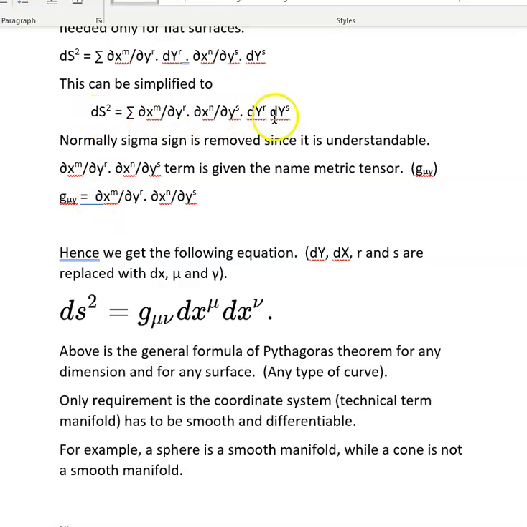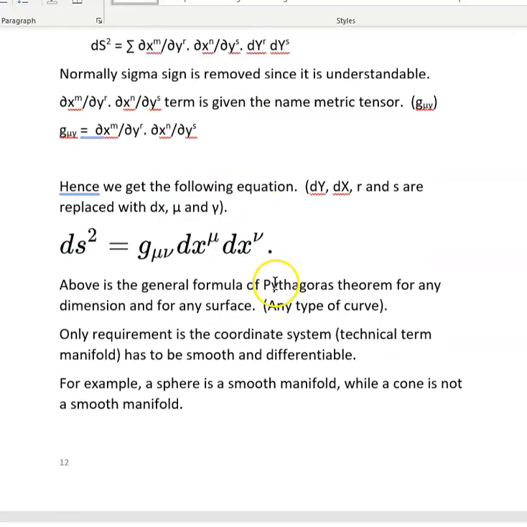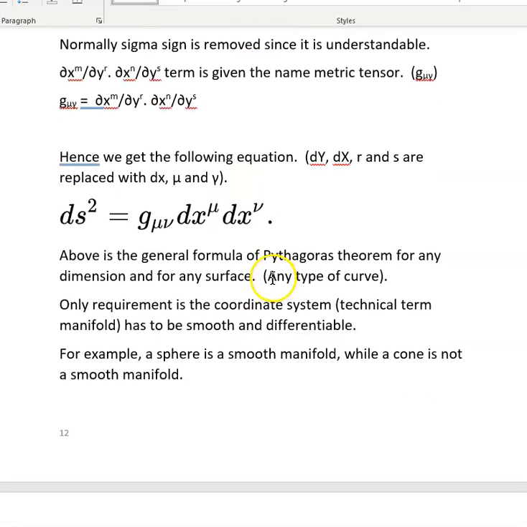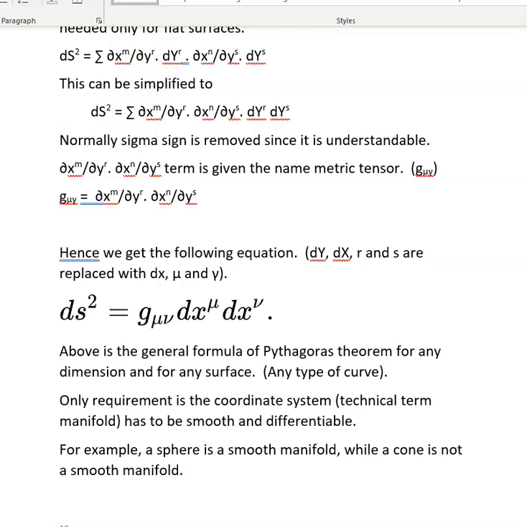So this equation can be written this way, and we could just change dy to dx. There's nothing wrong in doing that. There's no reason why you can't call it dy. I just use dy. You could just use dx.